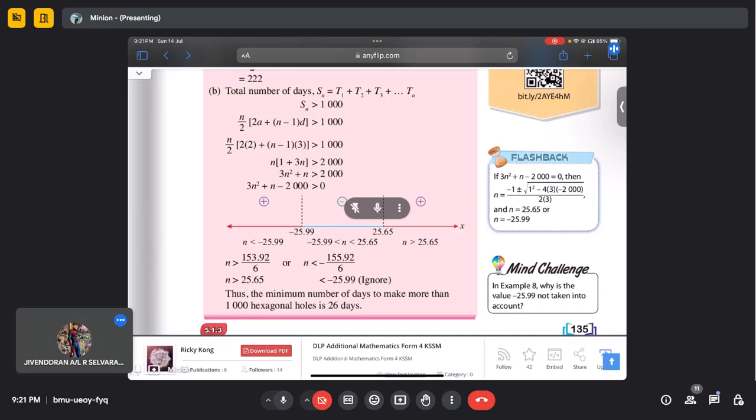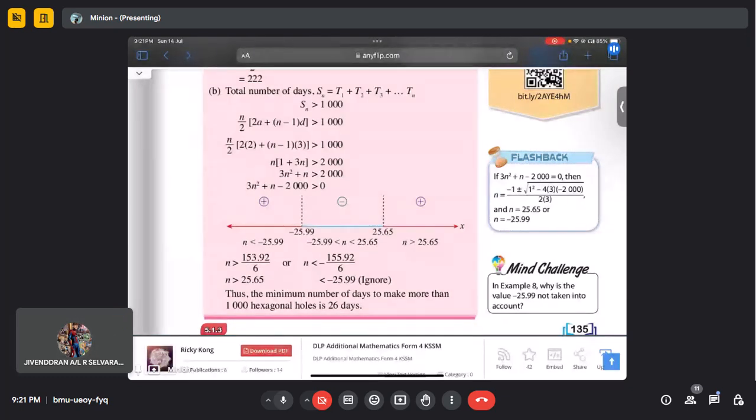It's not necessary you must do this number line. You can just press your calculator.